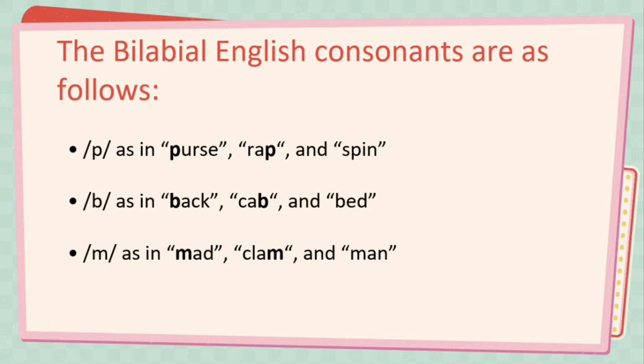The bilabial English consonants are as follows: p, as in purse, wrap, and spin. b, as in back, cab, and bed. m, as in mad, clam, and man.